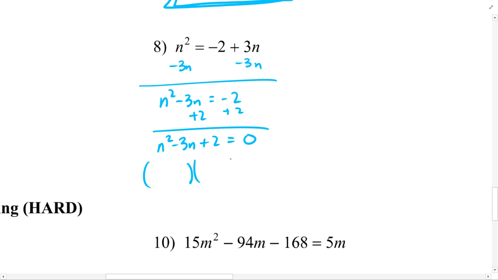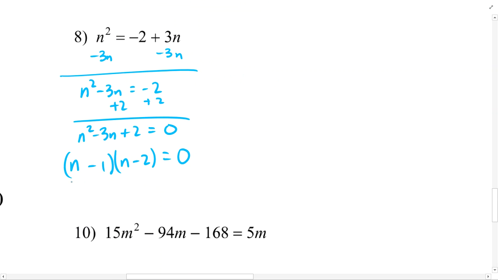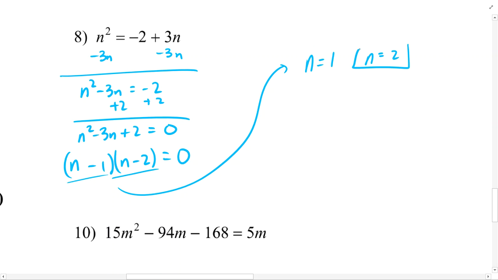Now I'll turn this trinomial on the left, which appears to be a standard trinomial, into n and n, 2 and 1, negative 2, negative 1. And having seen these enough, I'm going to jump to my solution and call this n equals 1 and n equals 2. Those are my two answers to problem number 8.